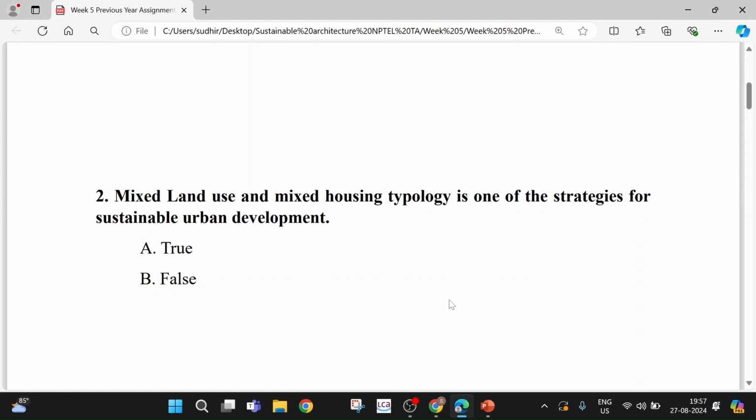That is, mixed land use and housing typologies encourage diverse and sustainable urban environments. They reduce the need for commuting, support local economies, and enhance the quality of urban life by integrating various functions in close proximity. That's why this statement is absolutely correct. Can we move to the next question?